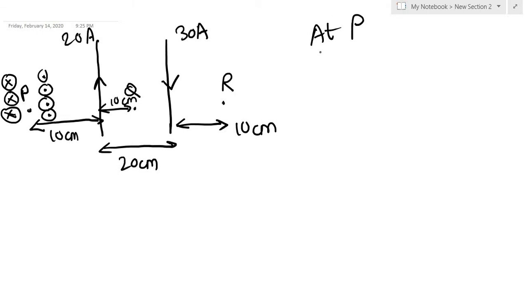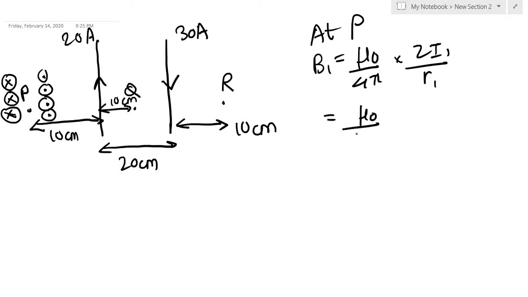So yeah, we can find first the magnitude of magnetic field of wire 1, B1, is mu naught by 4 pi into 2I1 by R1, let's say. So mu naught by 4 pi, current is 20 and 2 into 20, 40, all over.